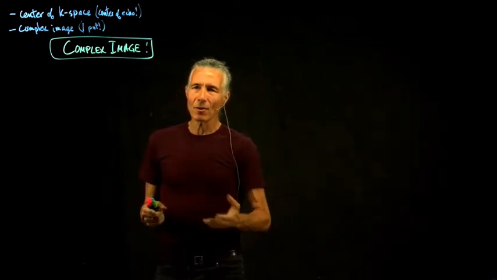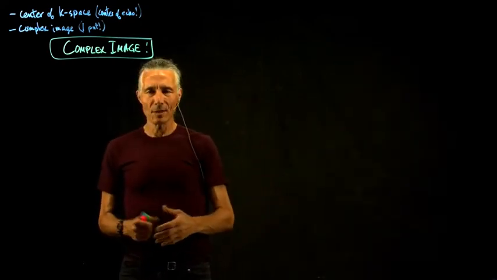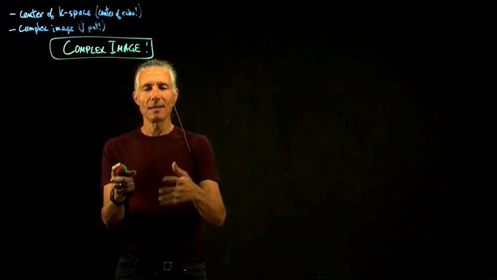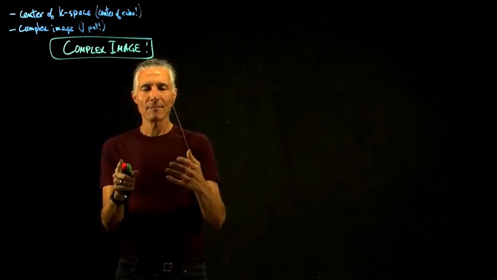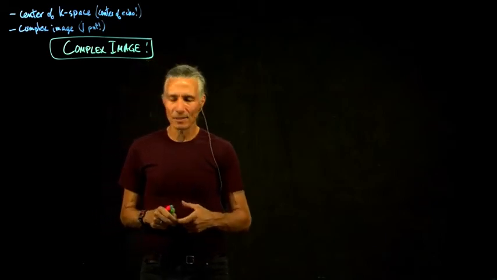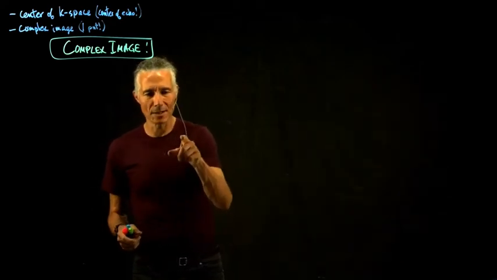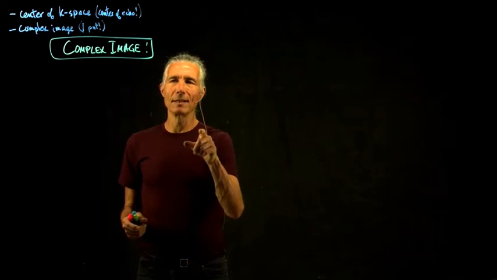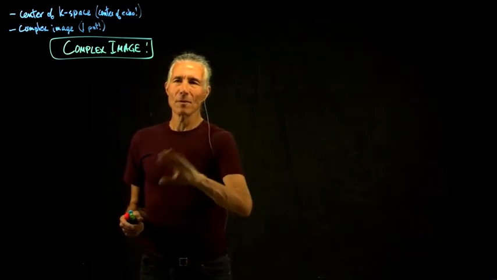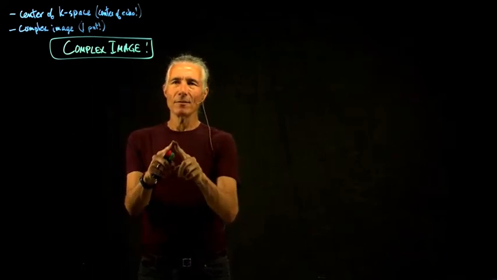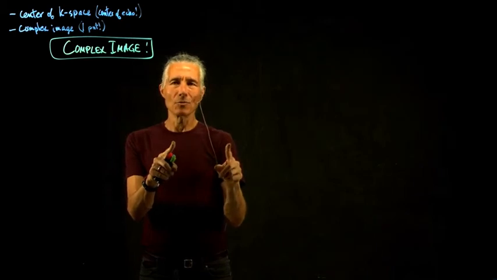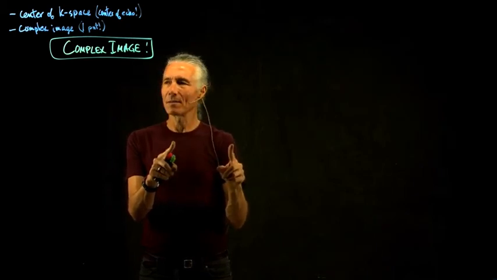Now, when we start off with an image, if we just take a photograph and do a Fourier transform of it, that photograph doesn't have any imaginary parts. It just has a real pixel value at each point. And when we do a Fourier transform of it, we take that real value and then we just substitute in 0 for all the imaginary parts.